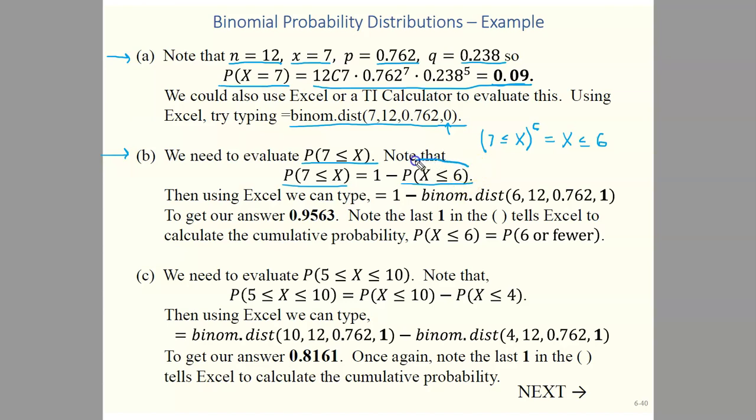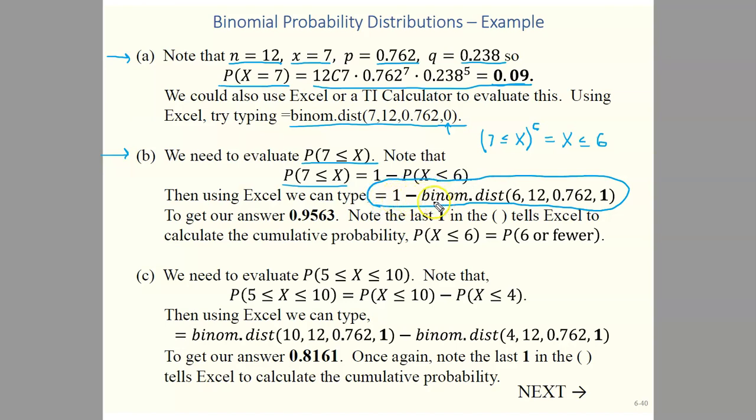Now this part right here, we can evaluate using Excel. Excel has a built-in function for that. And right here it is. So to evaluate this in Excel, we just type this formula right here into Excel. So that's what we would type into Excel.